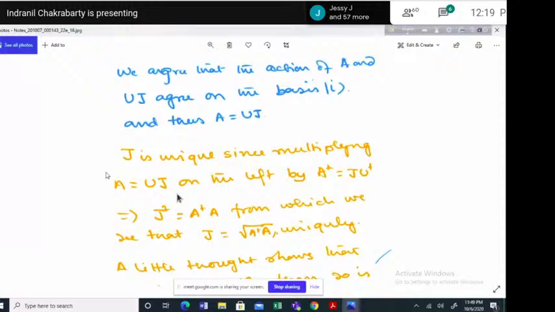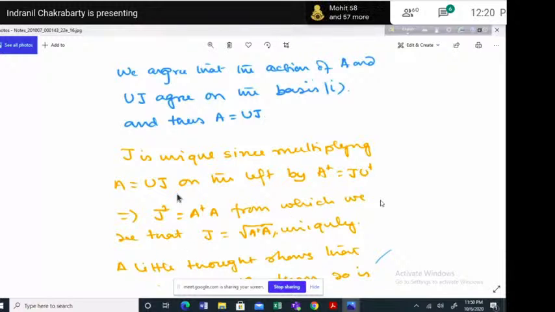This expression is unique because if you take the dagger of A, you will get J U dagger, because for a positive operator, J dagger equals J, since it is a Hermitian operator.